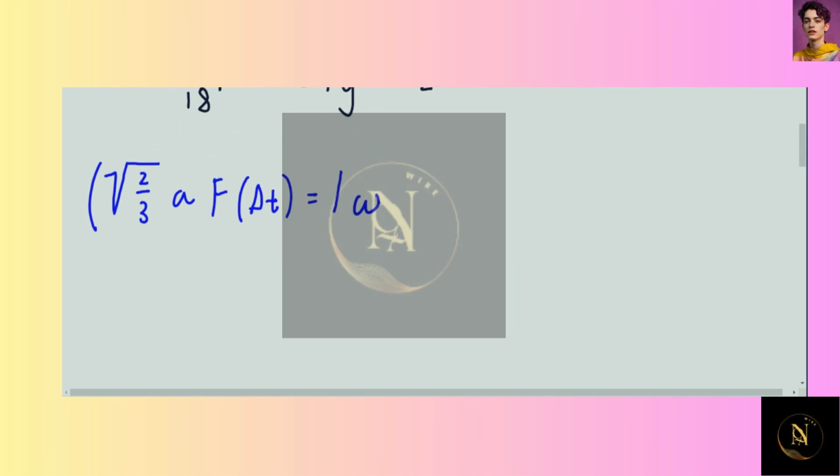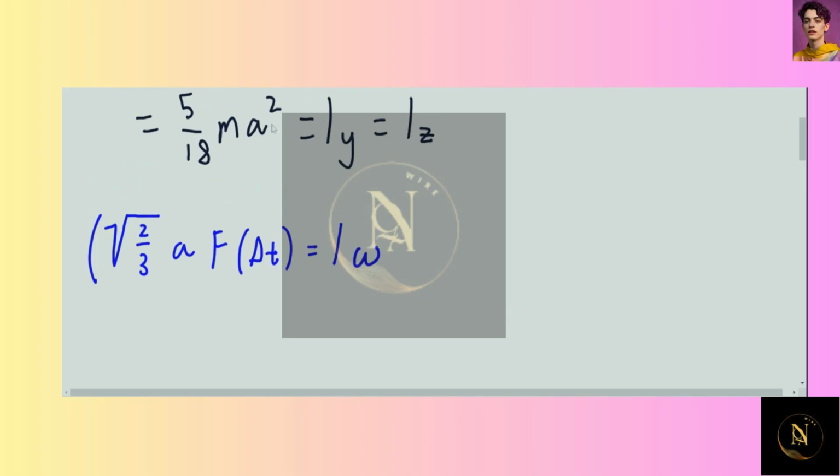And this moment of inertia is just this value here that we calculated. So this whole term here will go into this value for the moment of inertia.